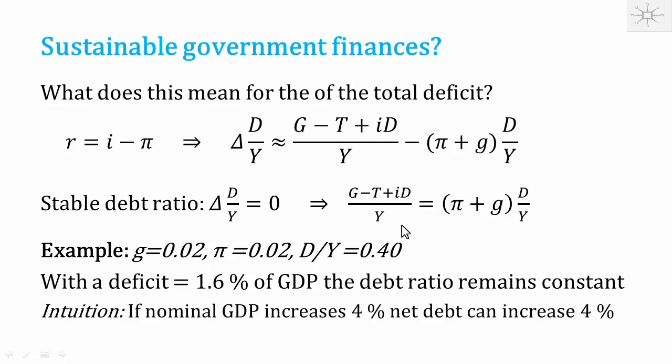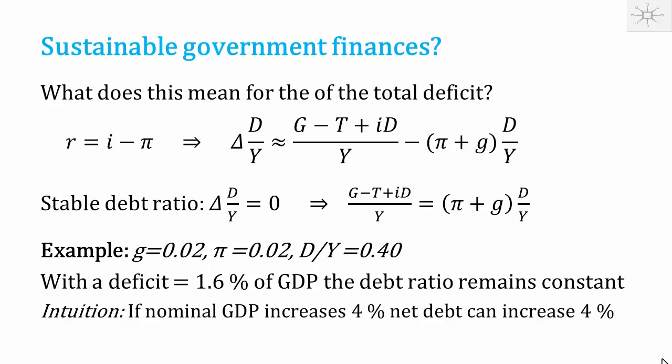For stable public finances, that can be equal to inflation plus the real growth rate times the debt ratio. And inflation plus the growth rate is roughly speaking the growth of nominal GDP. So what does this mean? Let's take an example. Suppose that the real growth is 2%, inflation is 2%, so nominal GDP increases 4% per year. And suppose you initially have a net debt relative to GDP that is 40%.